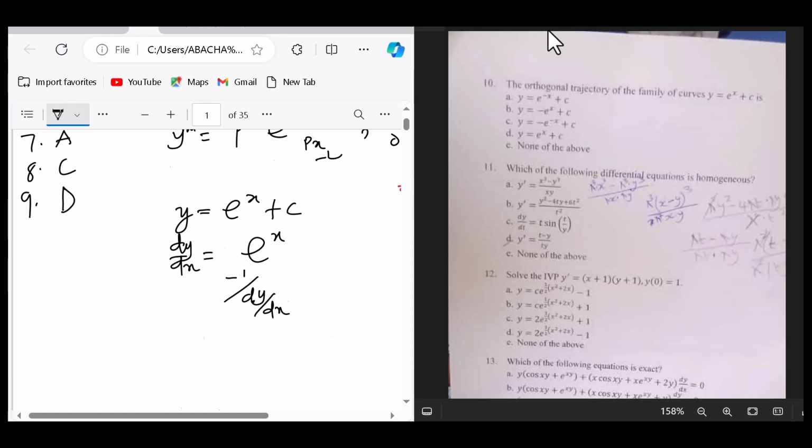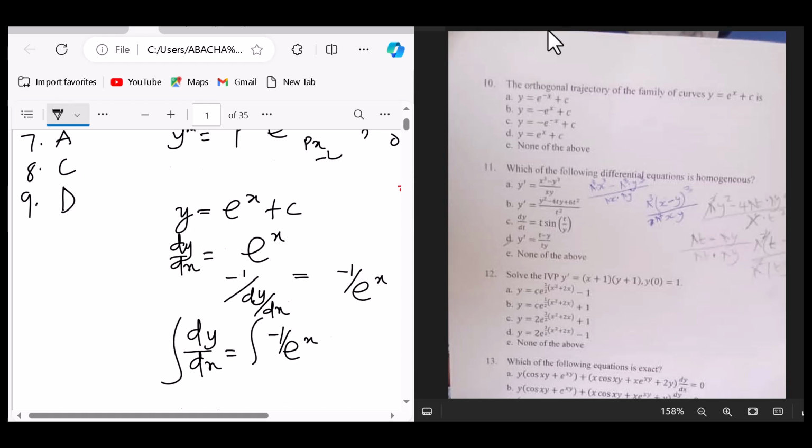So that will simply mean this will become negative 1 over e power x. So here we then integrate. Let me just write dy/dx is equal to negative 1 over e power x.